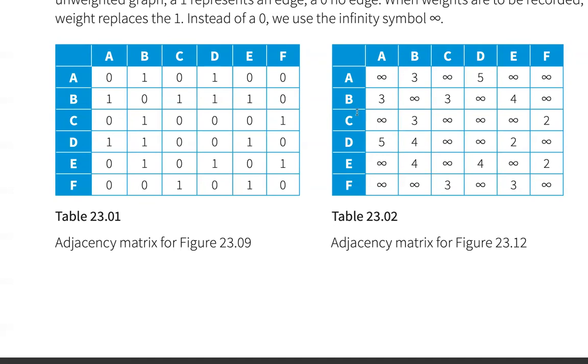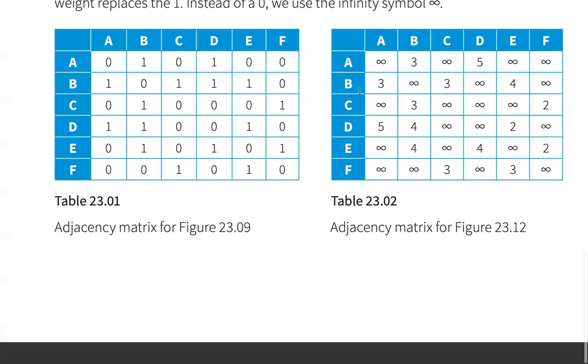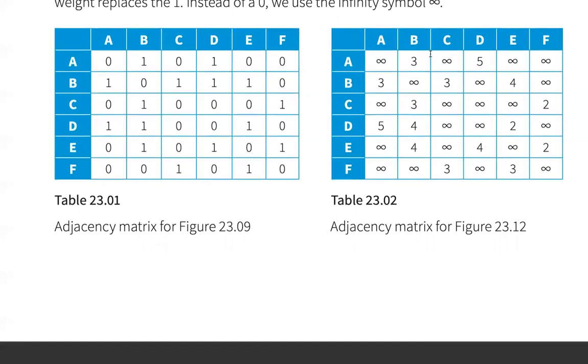So any vertex that is not directly connected will be labeled as infinity as the cost. Same thing goes over here. For B, there's a direct link with A, and the cost is 3. Direct link with C, the cost is again 3. Direct link with E is 4. And any other path, including B itself, is labeled as infinity, since there's no direct link.